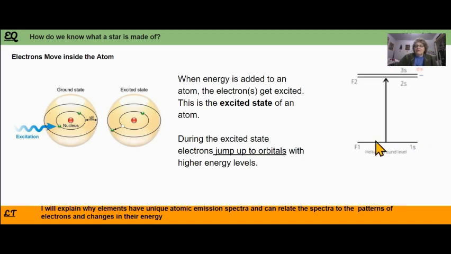Here's where we're at ground level for helium. Our electron's going to get excited, and it's going to jump up, okay, to the 2s orbital right here, okay? And so it's excited. It could have been so excited that it jumped into the 3s, right? It just depends on how much energy the electron has.